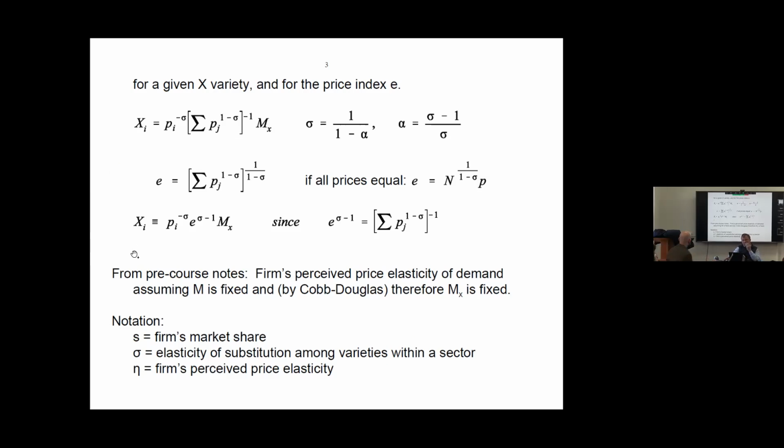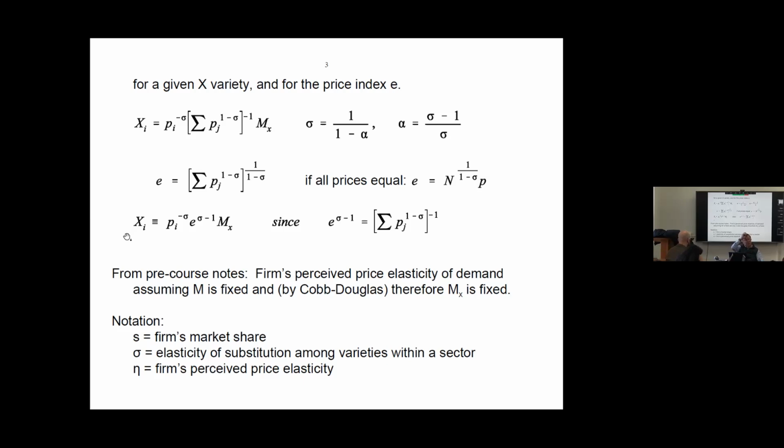So what follows is, what does imperfect competition look like in this model? Well, first of all, it's assumed that the individual firms are small enough that they take M as fixed.